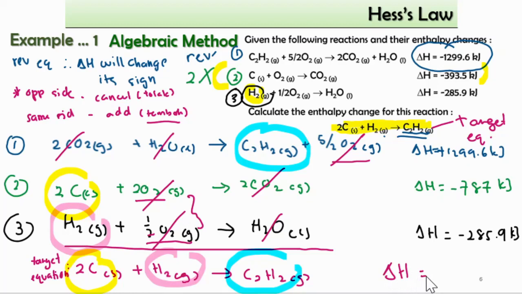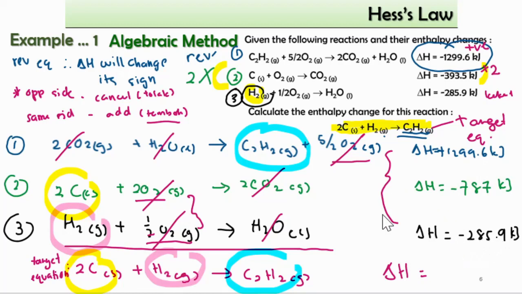Delta H will be equal to sum of all these three. Okay, hasil yang kamu dah olah the equation. Ini tadi kita reverse and change the sign. Ini jadi positive. And then this one kita darab factor 2. And then the third equation kita kekal. Okay, so positive 1299.6 plus negative 787 kilojoule plus negative 285.9.